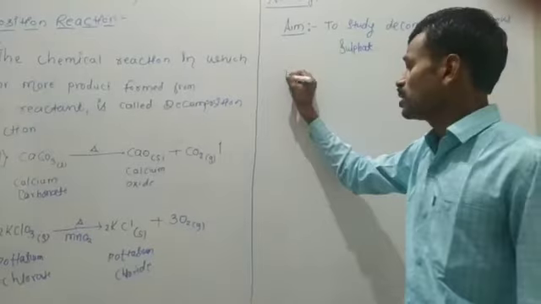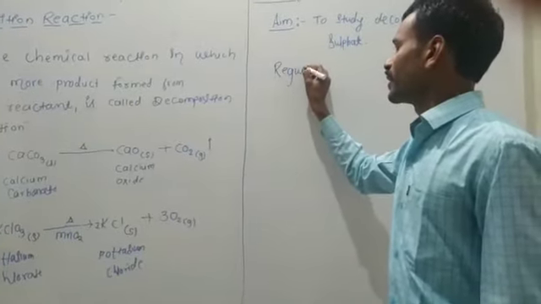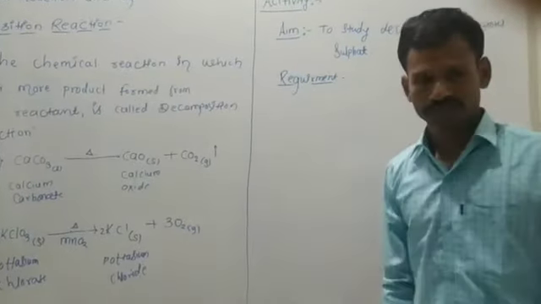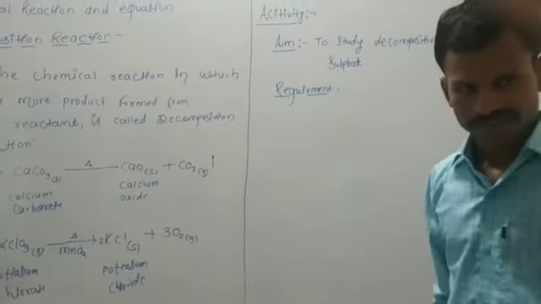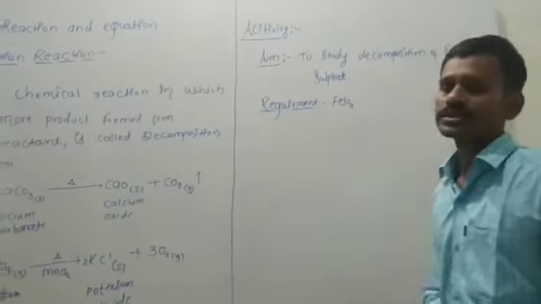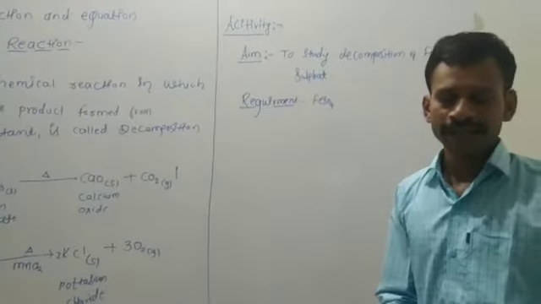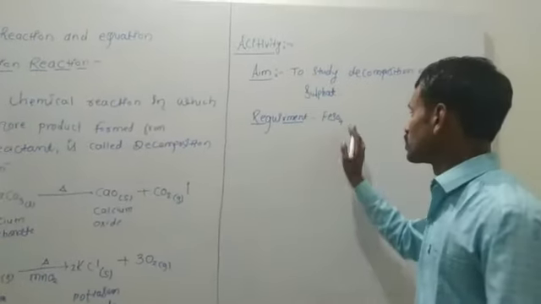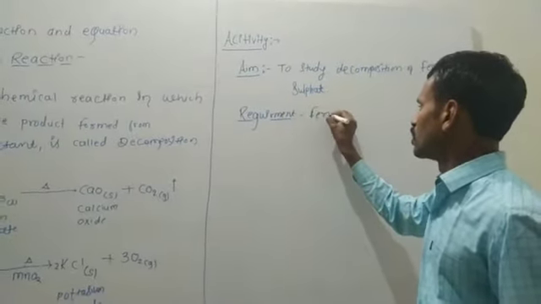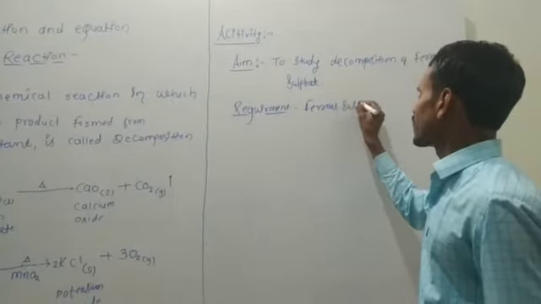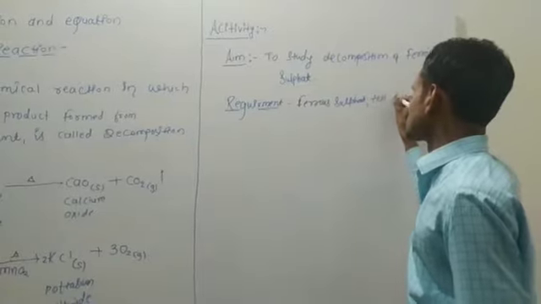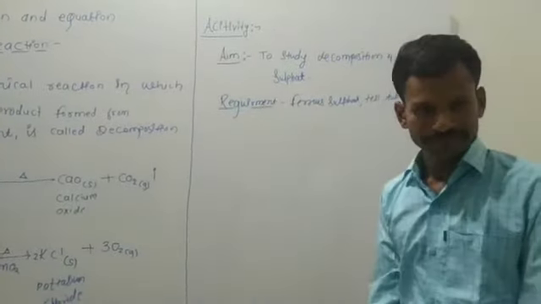Now, second part, in this activity is called the requirement. In requirement, we require chemicals like ferrous sulfate, FeSO4.